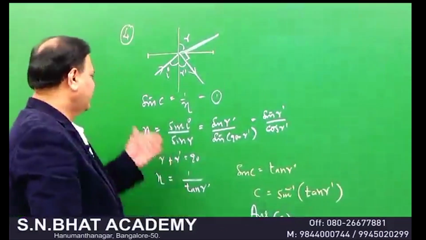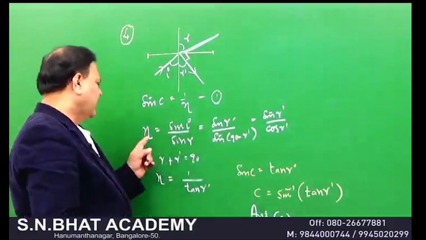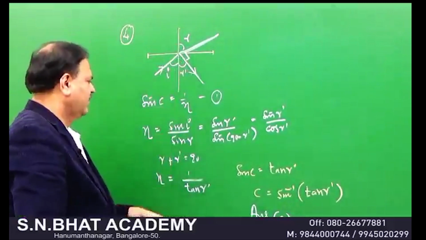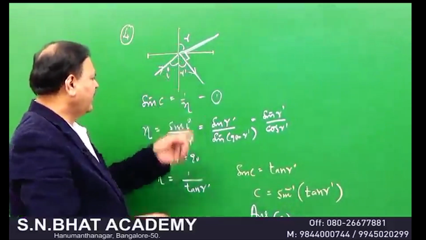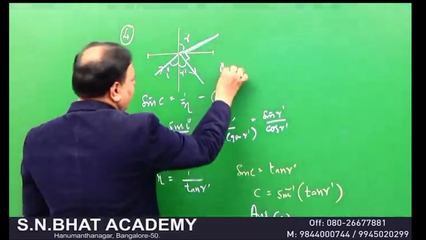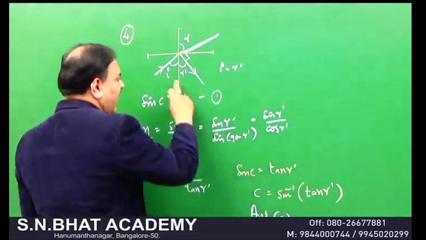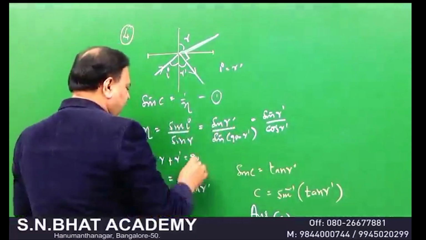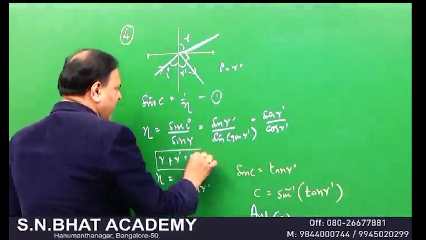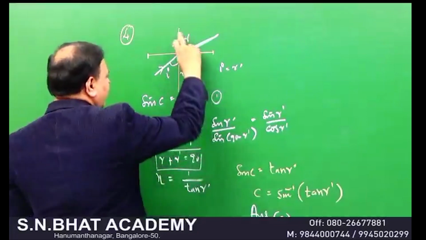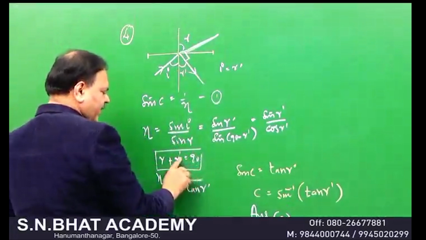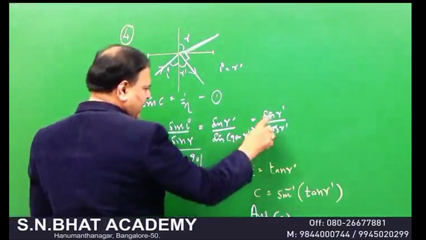Look, it is very simple. Sin C is equal to 1 by n. N is equal to sine of I by sine of R, where R is the angle of refraction. You know that the angle of incidence is always equal to the angle of reflection. Therefore, I can write this. And you remember this point also always. When these two are 90 degrees, the sum of these is equal to 90 degrees. Therefore, your R is equal to 90 minus R dash.